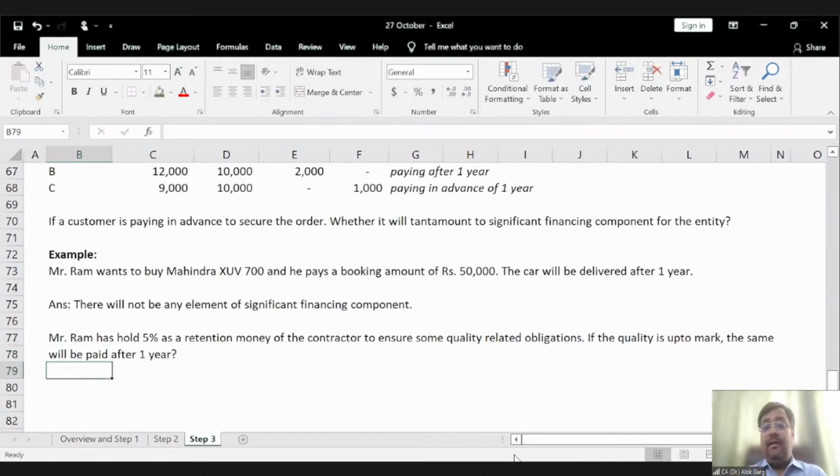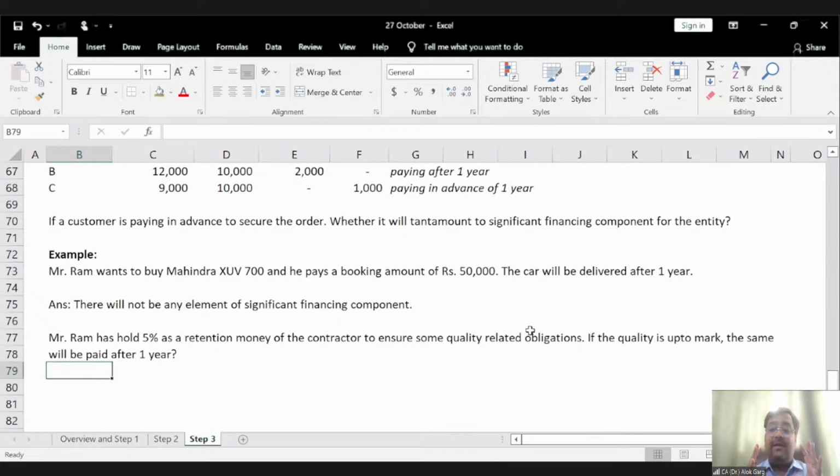Friends, in this case, the customer is not paying 5% right away. The customer has held the 5% of the amount as retention money, which is a normal business custom as well, right? You have audited many companies and even worked for a few companies. If you have, you must have seen this retention clause, right?